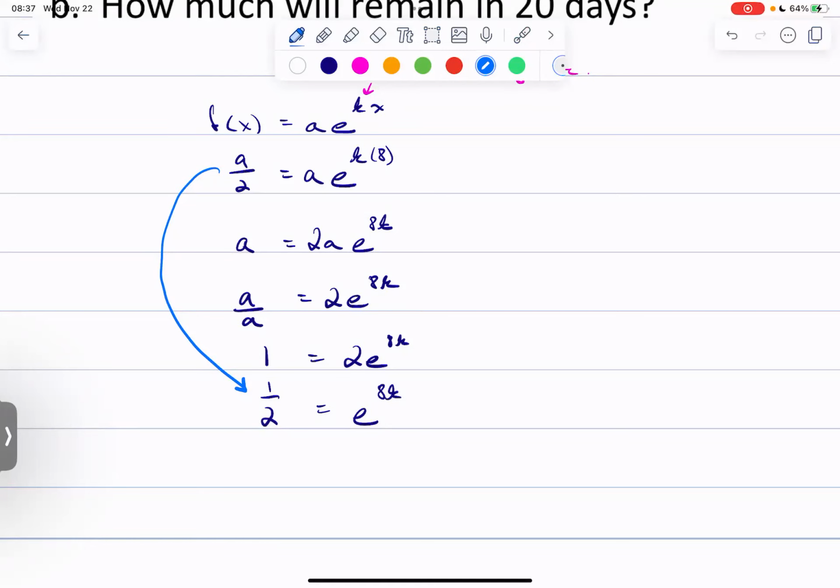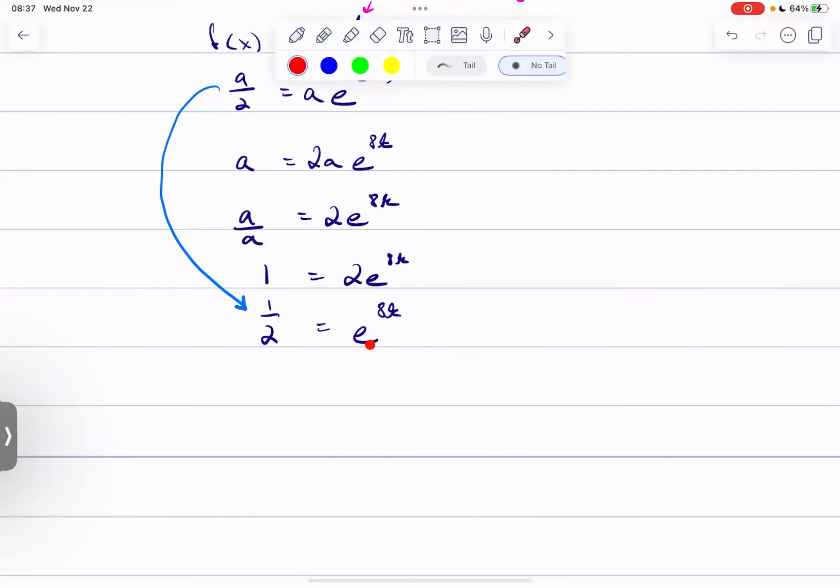Now we can solve for k. Again, I'm going to take the natural log of 0.5 is 8k. Oops. Sneaky.